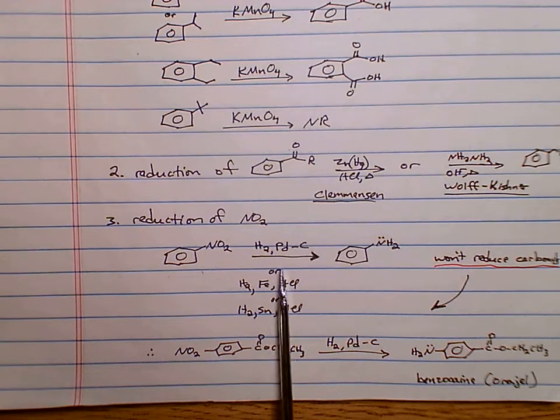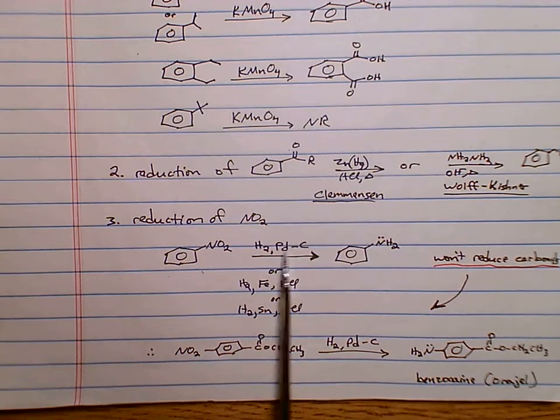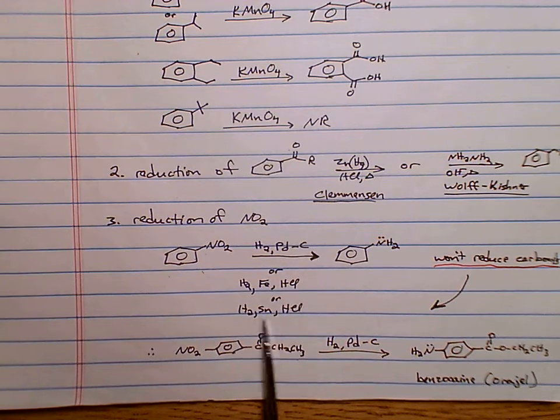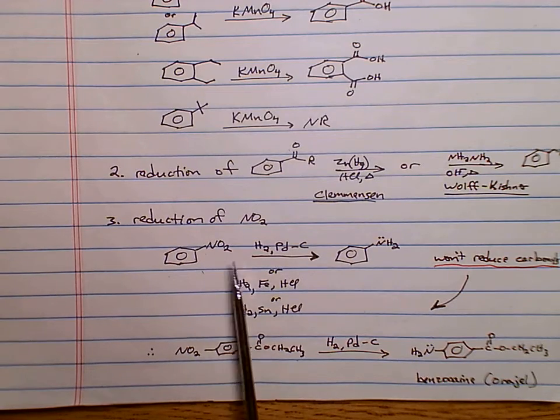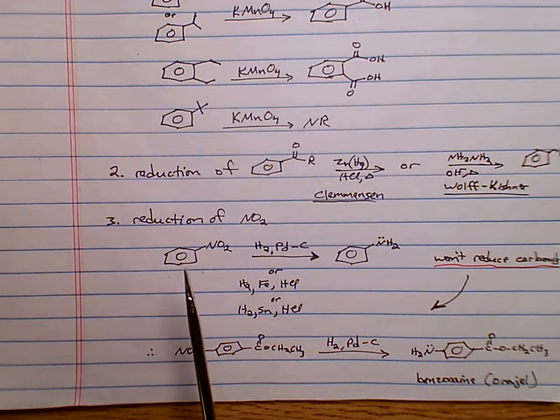All right, and note, H2 palladium on carbon will work because you have a lot of palladium on carbon around. If you do hydrogenation, Fe/HCl, H2 tin, and HCl will also work, all three of these methods. If you see a nitro group, H2, and some sort of metal, you're reducing that nitro group to aniline, or that nitrobenzene to aniline.